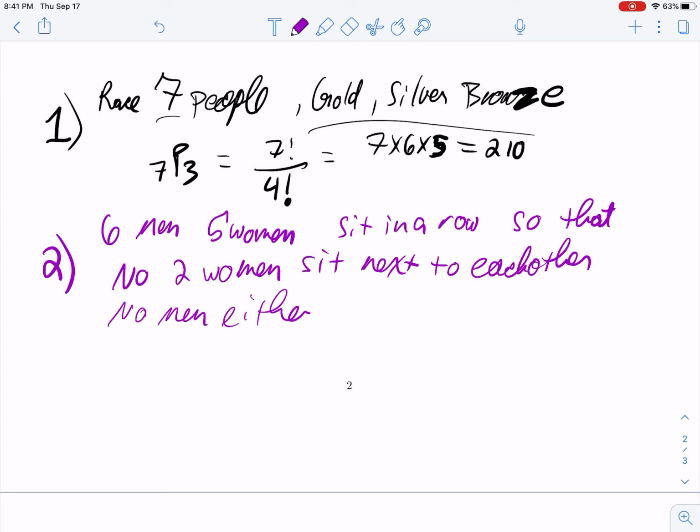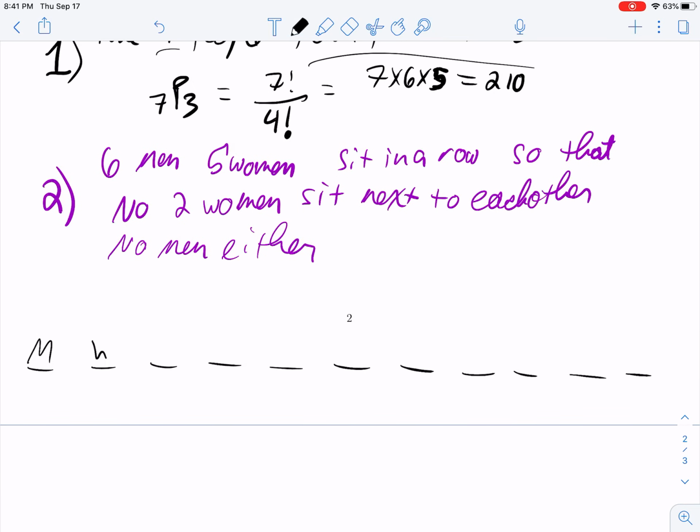So no one of the same gender sits next to someone else of the same gender. So again, we have 11 seats. If I put a man in the first seat, well then I have to put a woman in the second seat, and I have to put a man, woman, man, woman, man, woman, man, woman, man. And I end up with 6 men and 5 women.